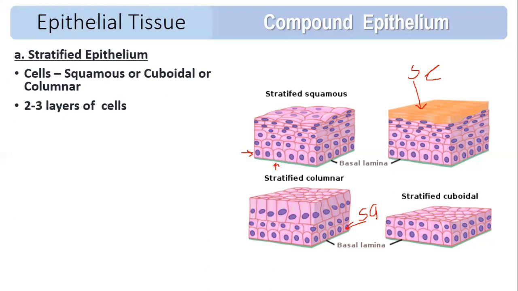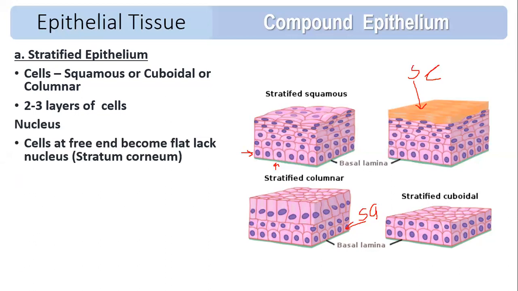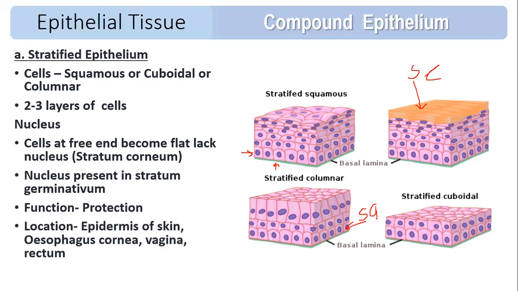The lowermost layer is resting on the basement membrane. The free end becomes flat and lacks the nucleus; that is stratum corneum. You can see in the diagram, the nucleus is present in the stratum germinativum. Function is protection and location is epidermis of the skin, esophagus, cornea, vagina, and rectum.